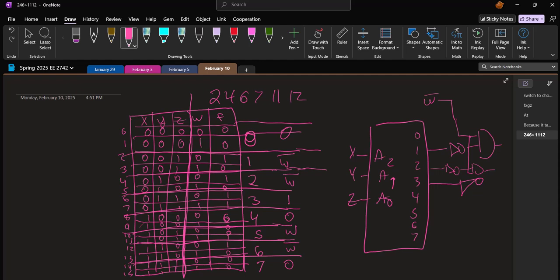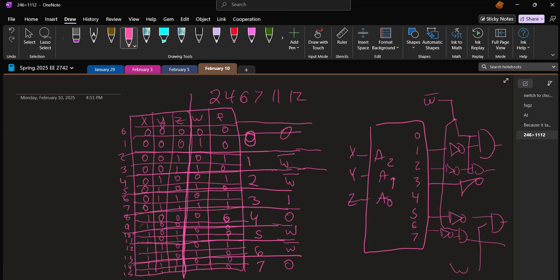And 5 is W. And 6 is not W. And 7 is 0. Okay, so what I did is I said for all of the ones that have a potential of giving me a value of 1, I'm going to take the not of that, since it's active low, and AND it with that value right there.